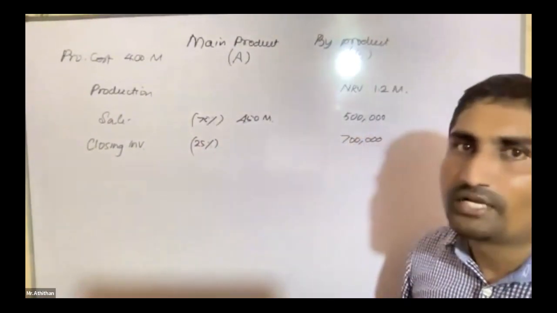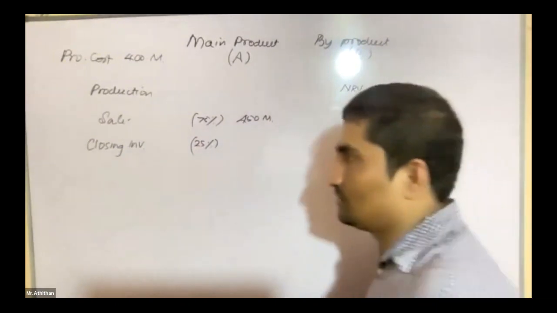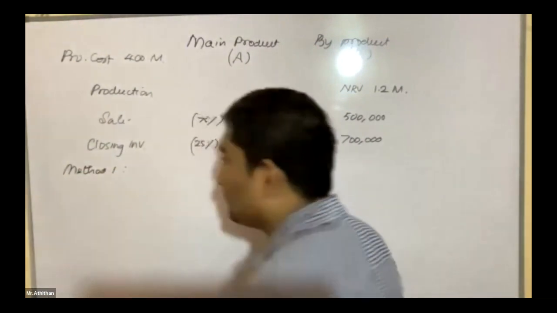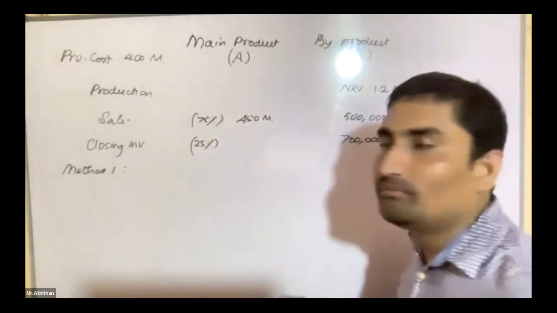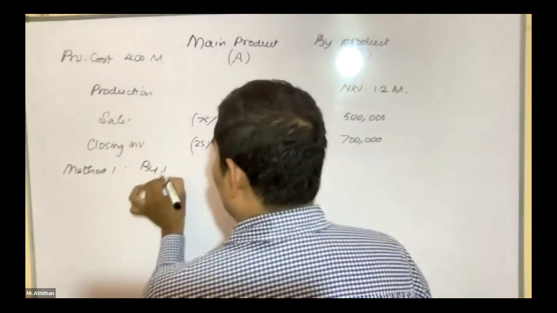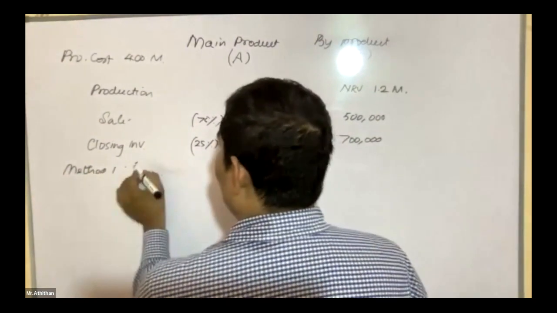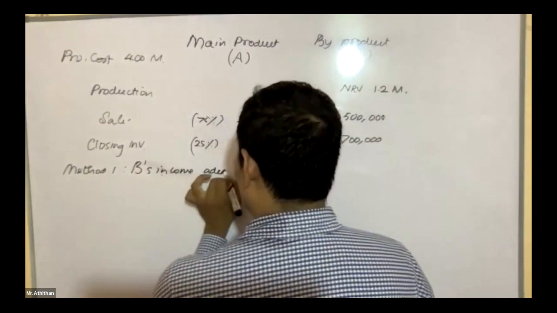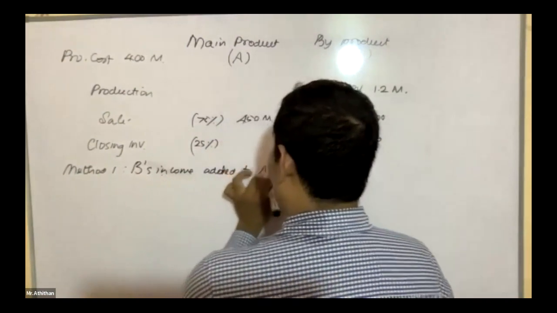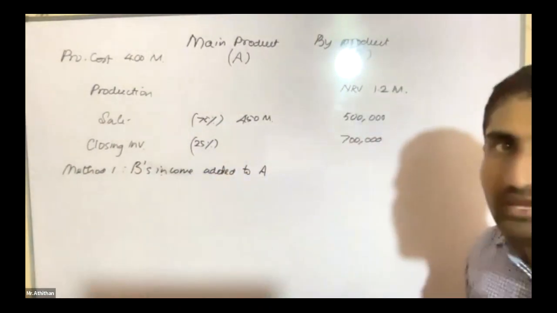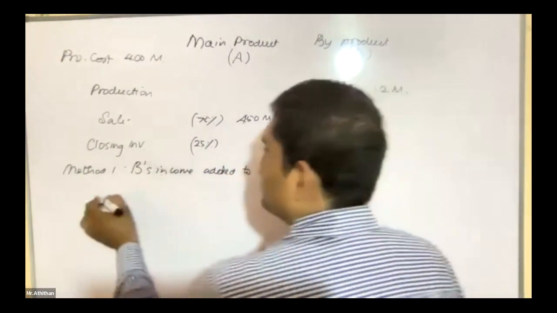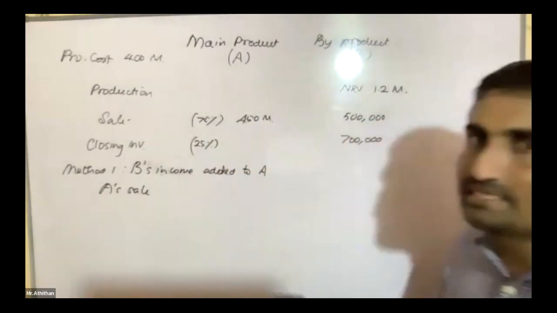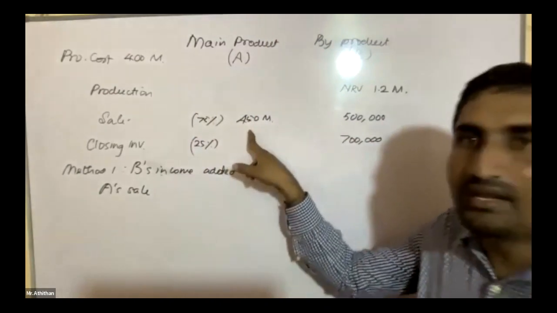Income from byproduct added to sale of main product, right? Method 1: B's income added to A's sale. How much is A's sale? 450 million.